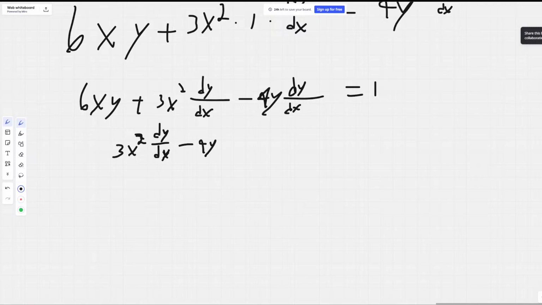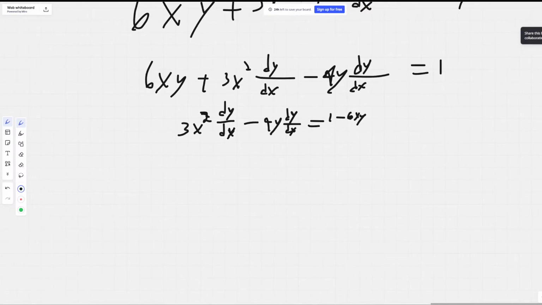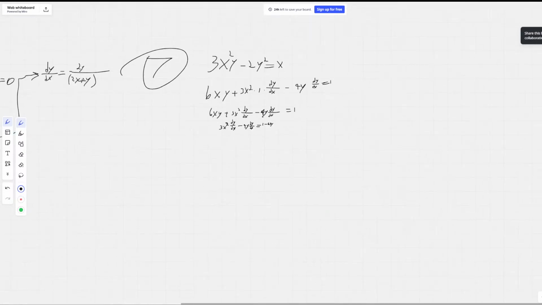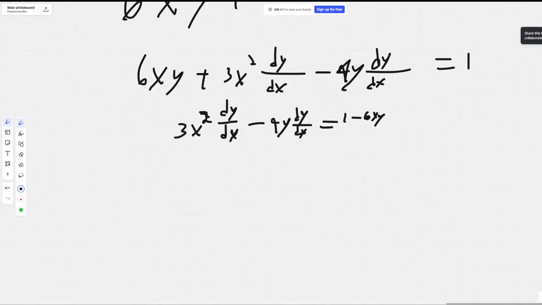Minus dy dx equals 1 minus 6xy. And then, just like the last one, we'll start pulling out the pieces.